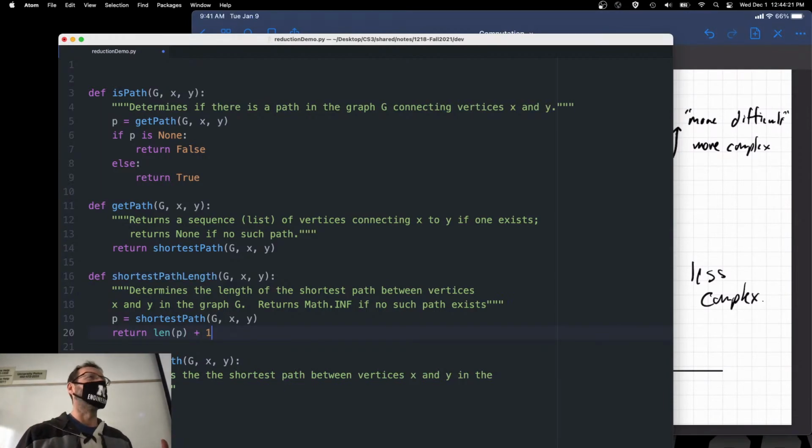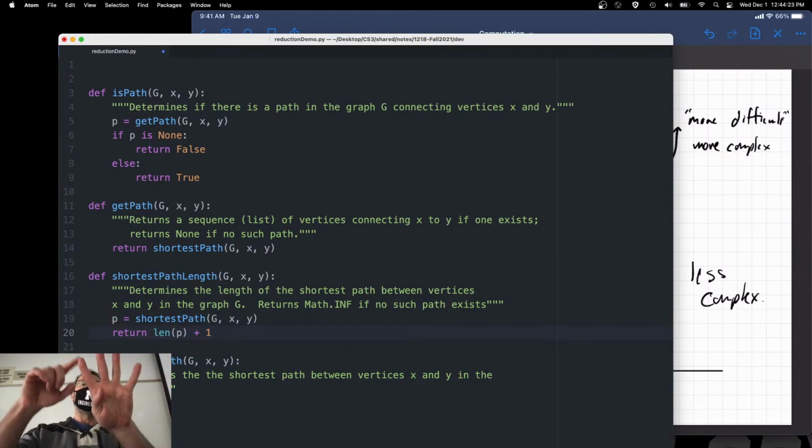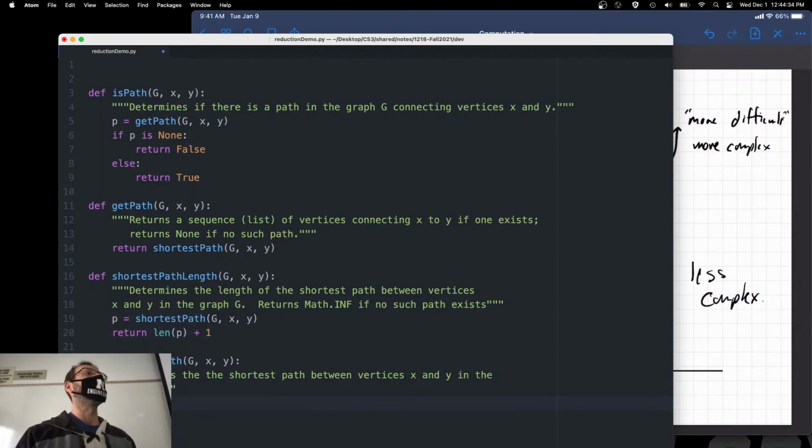It depends on the implementation details, but if you go from A to B to C to D, and it only returns these two, then you would need 1, 2, 3 edges. It all depends on how you're actually going to implement this. At the end of the day here, this is the real algorithm, right? And like any good computer scientist, I will go ahead and put in a to-do, because I still don't want to do it. All right, that establishes that each one of these problems is no more difficult than the one down here. There's your reductions.